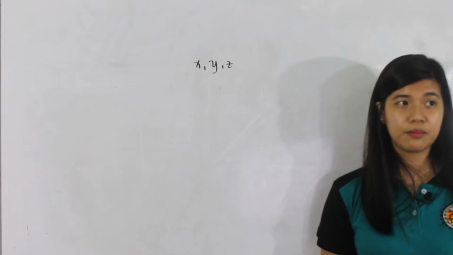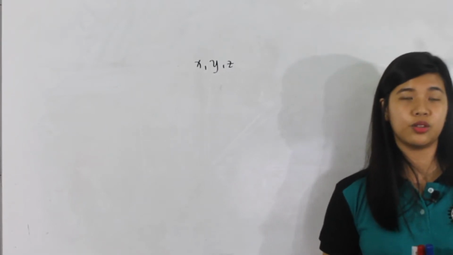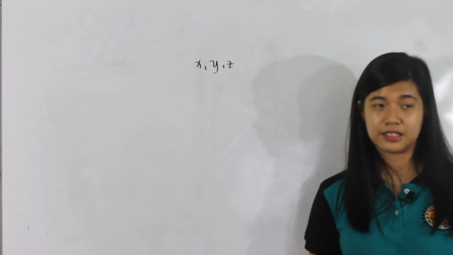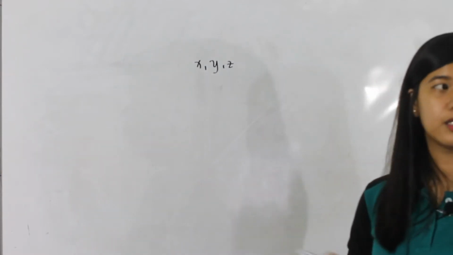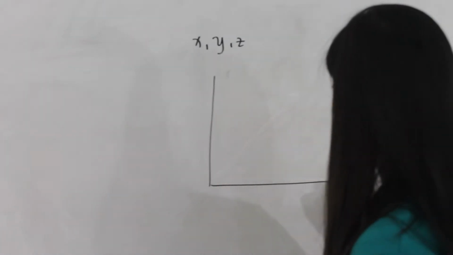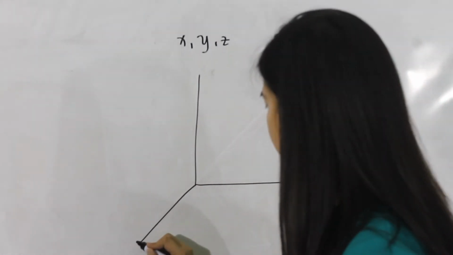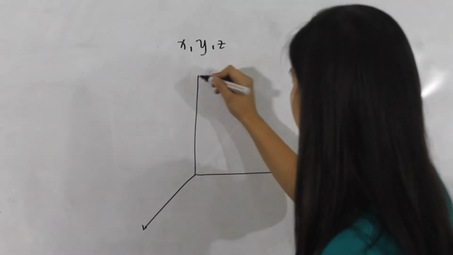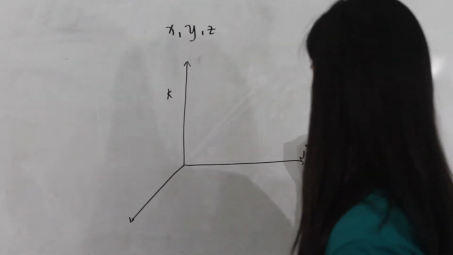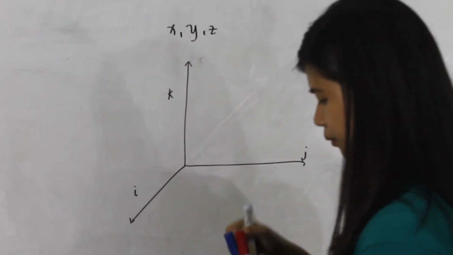Now, our three-dimensional vector representation, sometimes called the vector in space, is going to be like this. In our three-dimensional coordinate system, we have our lines k, j, and i.